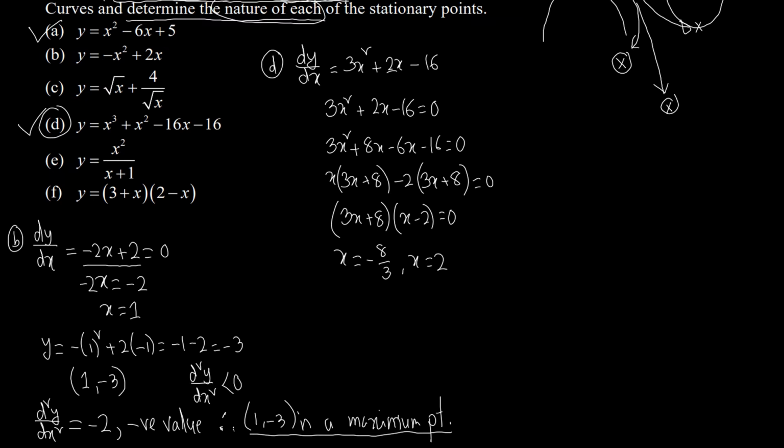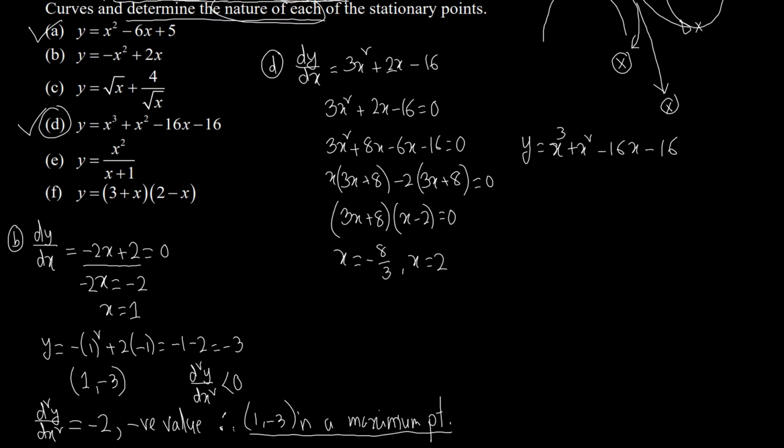Now these two particular values give us two y values. Let me write the equation, and we need to use the calculator now to get our y value. The equation is x cube plus x square minus 16x minus 16.